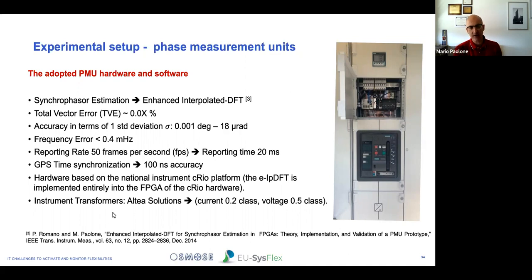And this performance is guaranteed also in the presence of high harmonic distortion levels and high dynamics. Frequency errors were in the range of 0.4 millihertz. The reporting rate is 50 frames per second, very standard for PMUs. And here you also have other characteristics. In terms of instrument transformers, we are using devices from Altea, composed of class 0.2 for the current measurements and class 0.5 for the voltages.